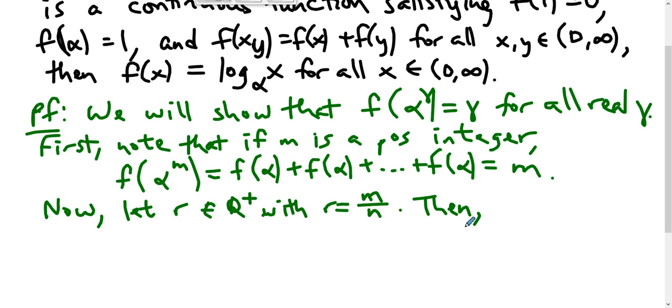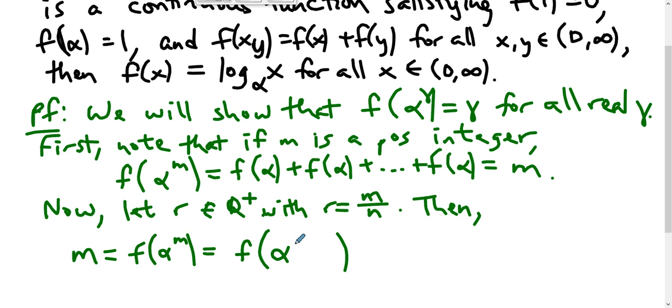Then m, which is f of alpha to the m, is f of alpha to the r, to the n, right? Alpha to the m over n to the n, equality is preserved.